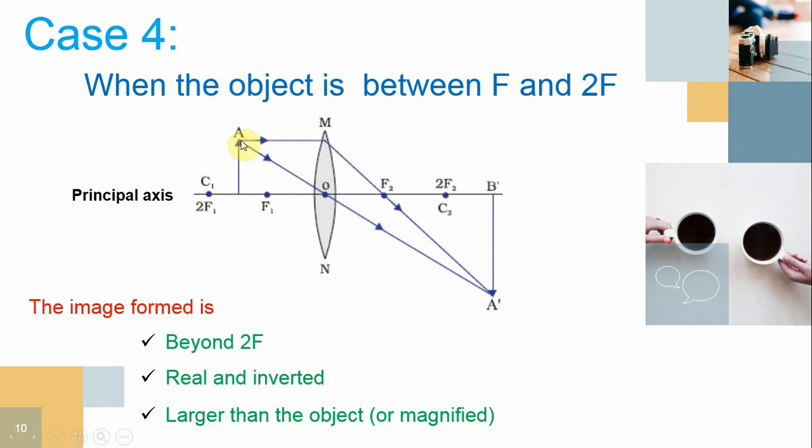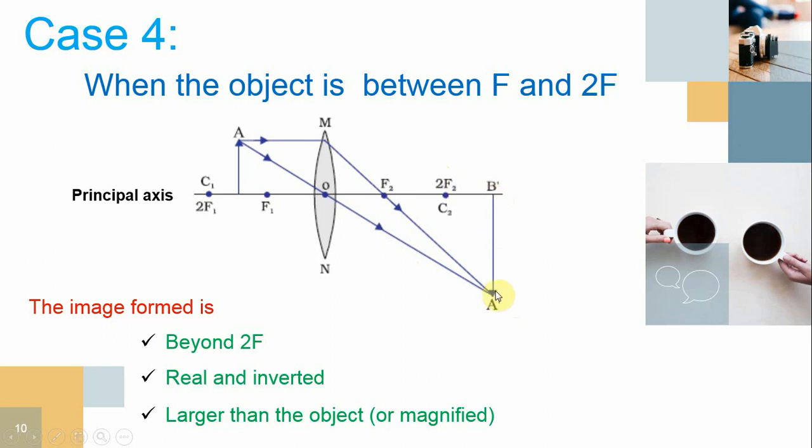The first ray is parallel to the principal axis, so it passes through the focus, and another ray passes through the optical center. It does not refract, that means it does not change the direction. It goes straight. These two lines intersect here. Image is formed. That means the image is formed beyond 2f.